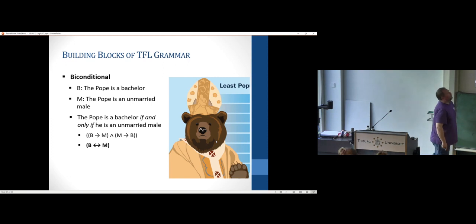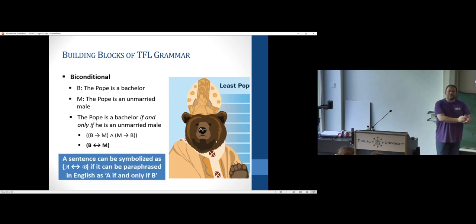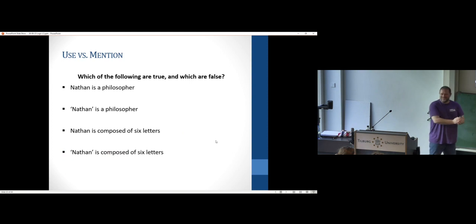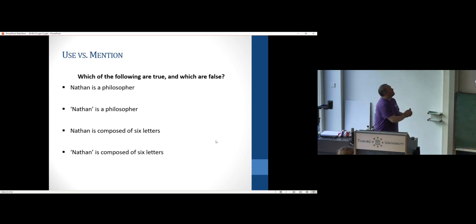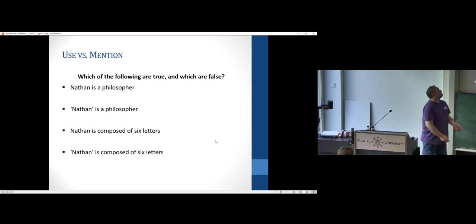Okay, cool. So we've got all of our parts. Now, let's step away from formal logic for a second and talk about philosophy of language. And I want to ask you a very slightly weird question. Which of these 4 is true and which is false? So Nathan is a philosopher.